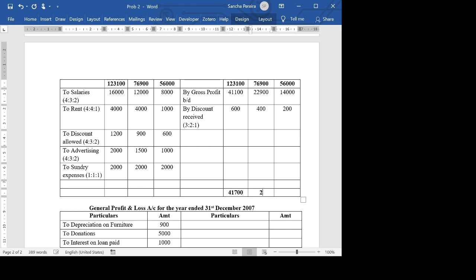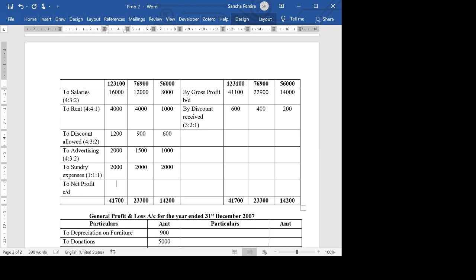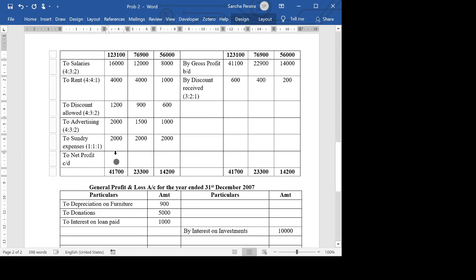Then we have 23,300, and we have 14,000. This will give us a net profit, to net profit carried down. If there's no general profit and loss account, then you just say to net profit, for each of the departments. Now since we have a general profit and loss account, we have to bring the net profit down to the general profit and loss account.